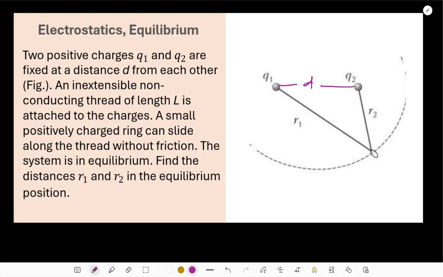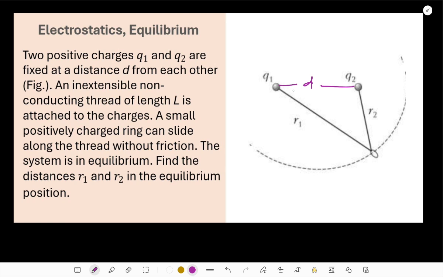Hello and welcome. We are solving a few electrostatics problems at the very start, and the problem at hand is: two positive charges Q1 and Q2 are fixed at a distance d from each other, and an inextensible non-conducting thread of length L is attached to the charges.